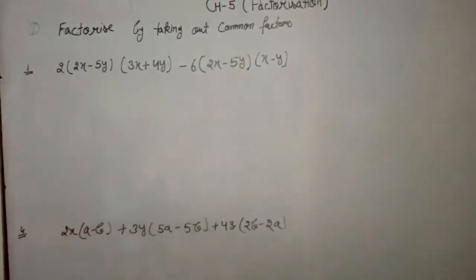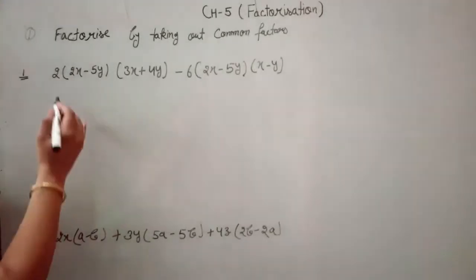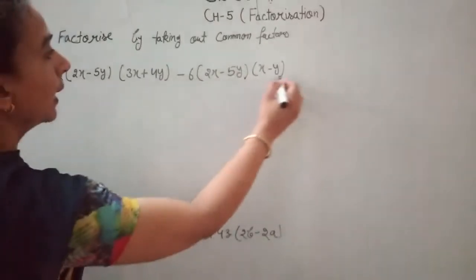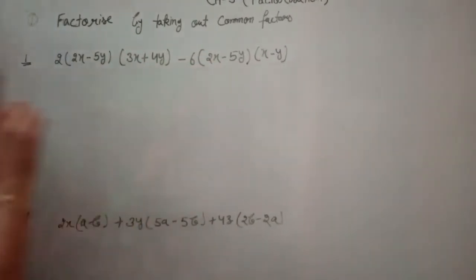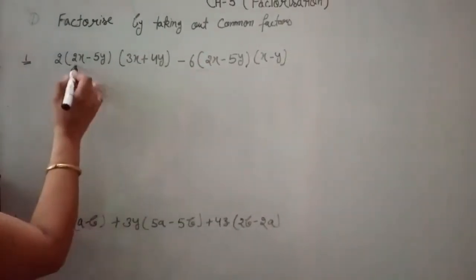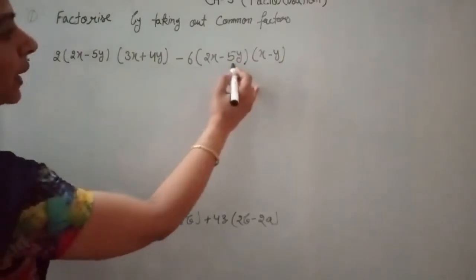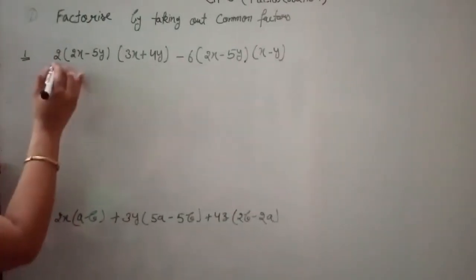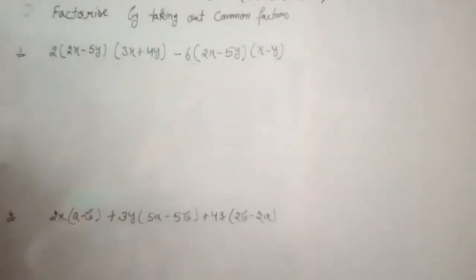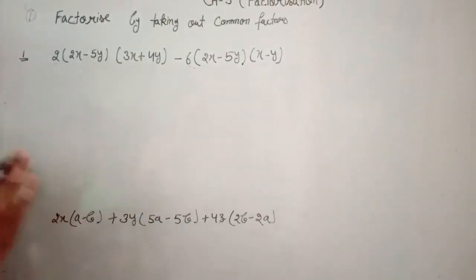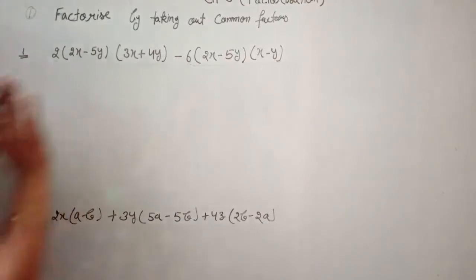There are a total of two terms, first and second. In both terms there is a common factor 2x minus 5y. Again, of 2 and 6, only 2 is common. Then we take common 2 and 2x minus 5y.